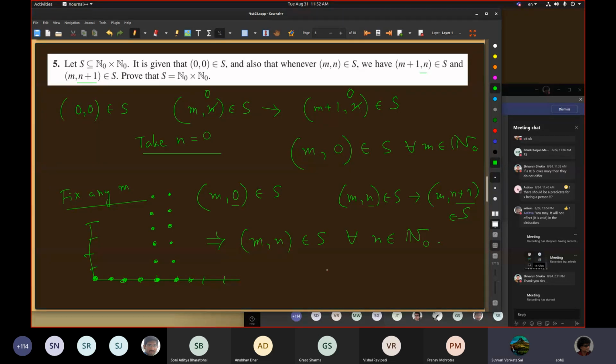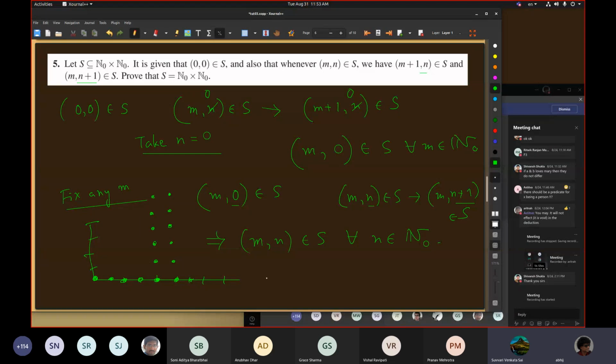What if we start by fixing any value of n other than 0?